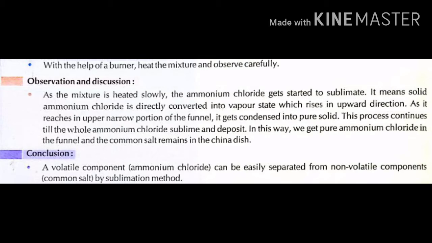This process continues till the whole ammonium chloride is sublimed and deposited. In this way, we get pure ammonium chloride in the funnel and the common salt remains in the china dish. From that, we conclude a volatile compound, ammonium chloride, can be easily separated from non-volatile components by the sublimation method.